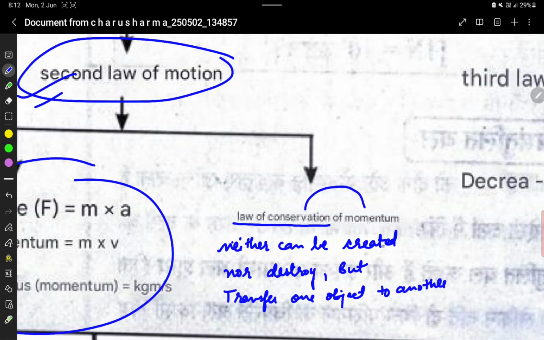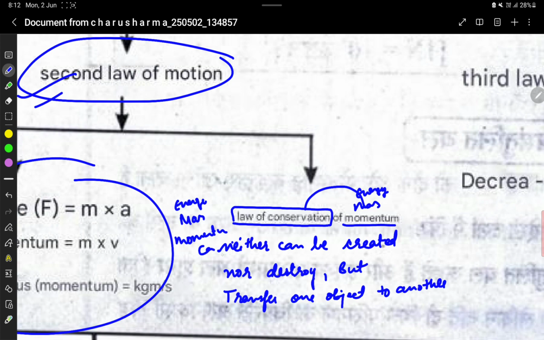Now here we are talking about momentum, so I will write: momentum can neither be created nor be destroyed. If the same thing comes with mass, we will write mass can neither be created. If the same thing comes with energy, we will write energy. So the law of conservation is going to be the same.